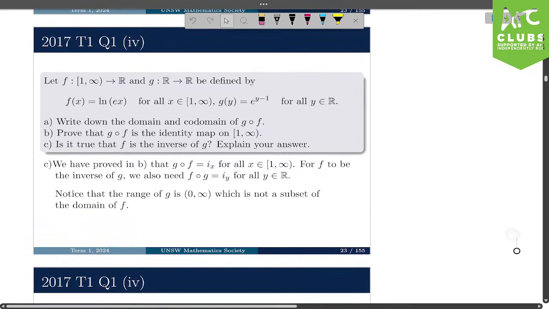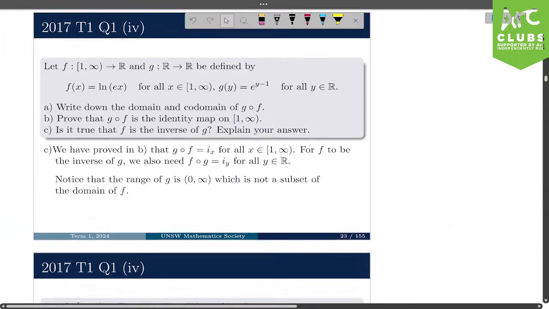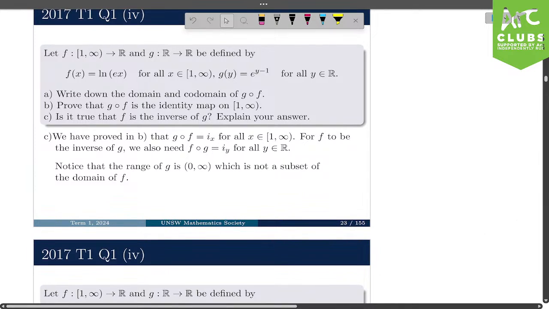And in order to show that, we need to look at the domains, right? What we do notice is that the range of g is from 0 to infinity, because obviously the exponential is always positive, which is not a subset of the domain of f, right? Because we've got that 0 element in there and all the elements between 0 and 1 that don't fit into this interval, into our input of f, right?